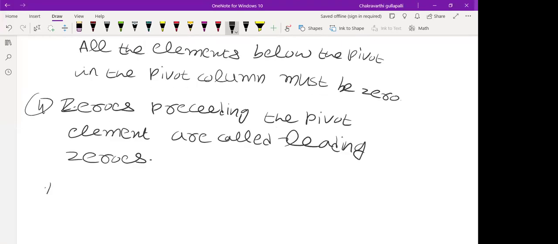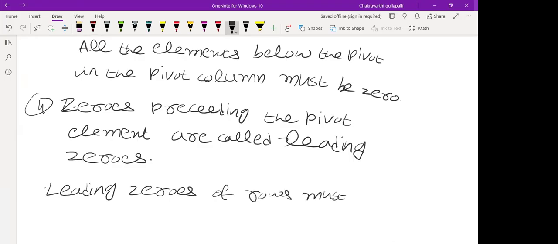So leading zeros of rows must be in increasing order.